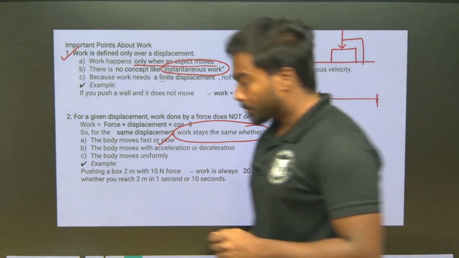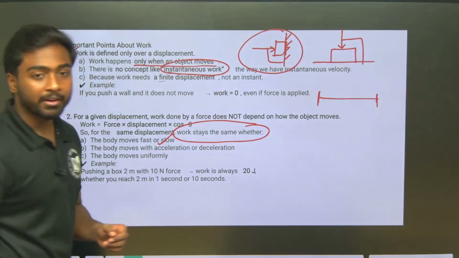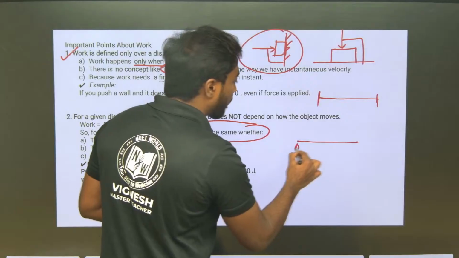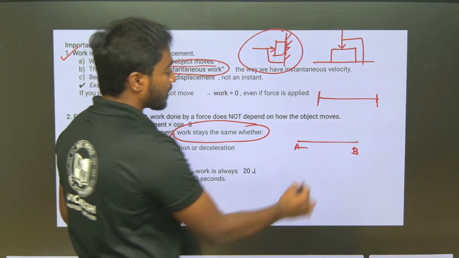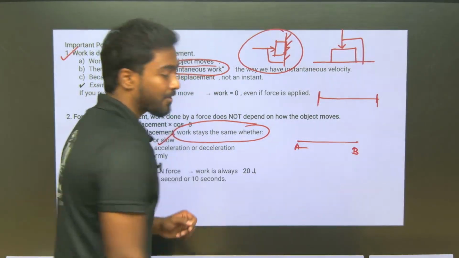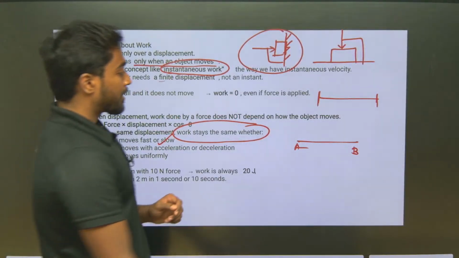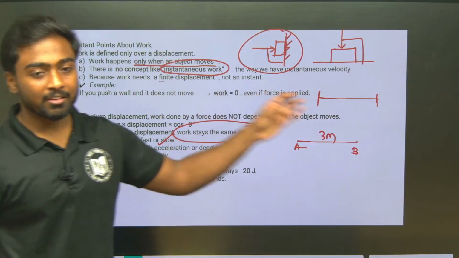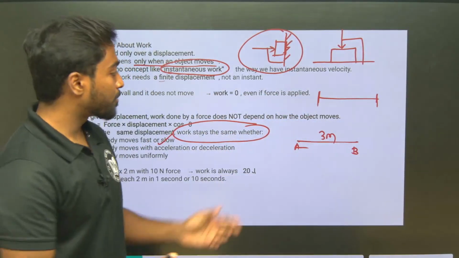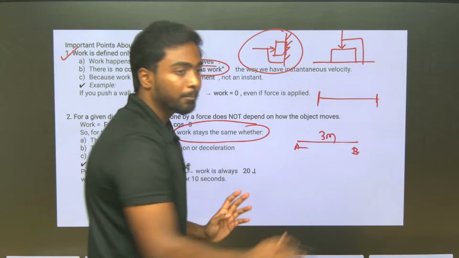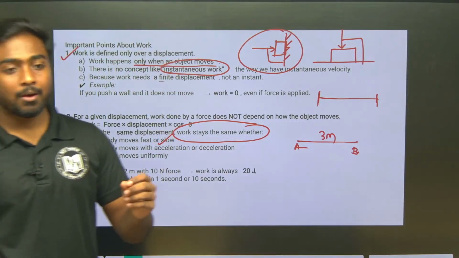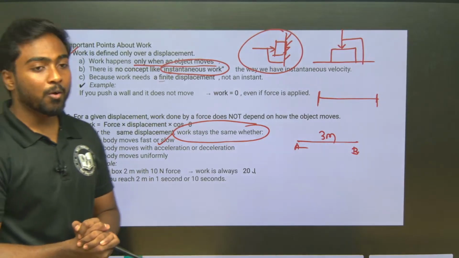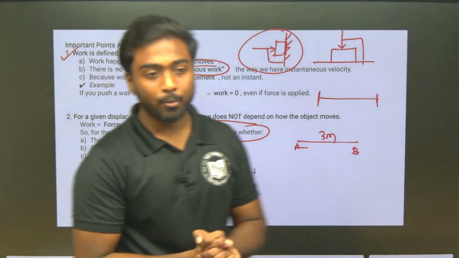Work done doesn't depend on the time period, how much time it has taken to complete from point A to point B. Suppose this point is at a distance of 3 meters, and I have applied some force X on that object, and the object has covered from point A to point B, whether in 1 hour or 2 hours, I don't care about the time, the object has done the same kind of work.